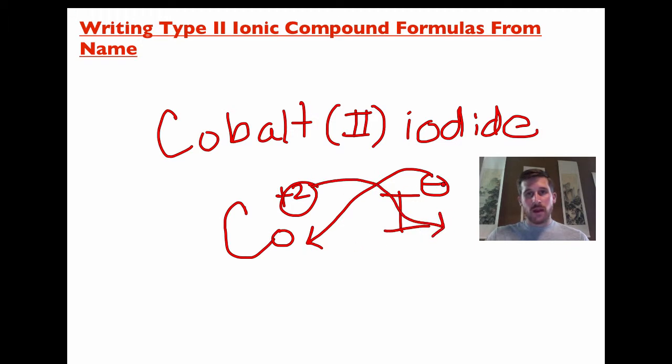So I know that the 1 here becomes the subscript for cobalt, so it's just 1 cobalt. And then the 2 goes on to the subscript for I. So I get CoI2. And there's my formula. If you want to check your answer, do the lift and switch. See if you can get back the same charges, and if that makes sense to the name, the Roman numeral here.